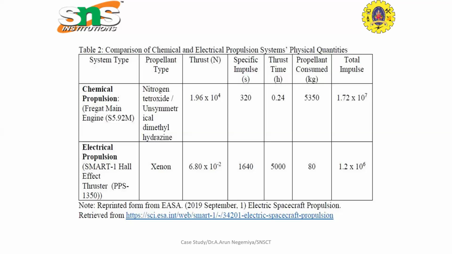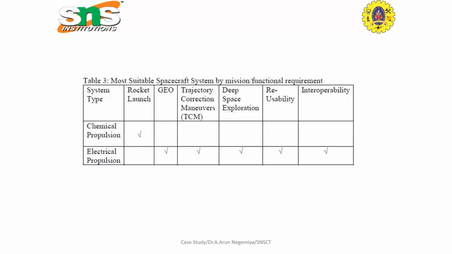What you observe in this slide for thrust is that more thrust is found in chemical propulsion compared to electrical propulsion. The duration of thrust time is very short in chemical propulsion, and for electrical propulsion it is very long.